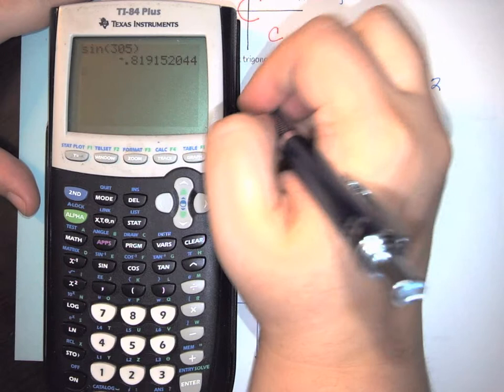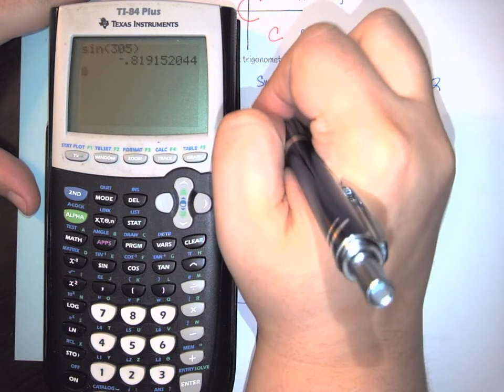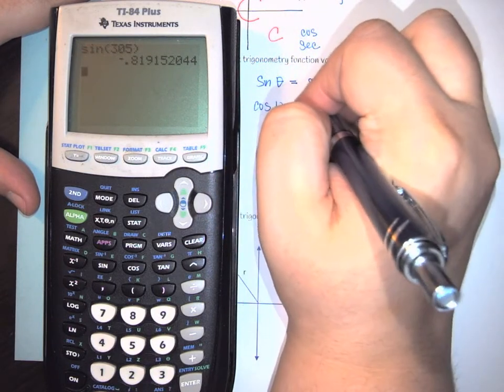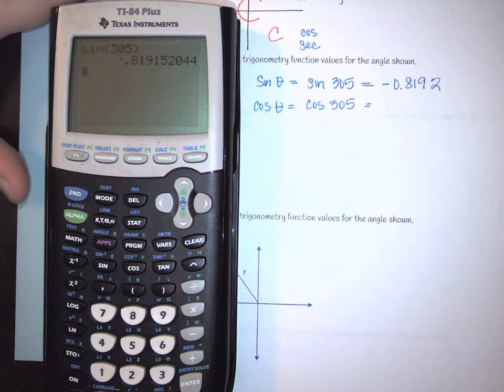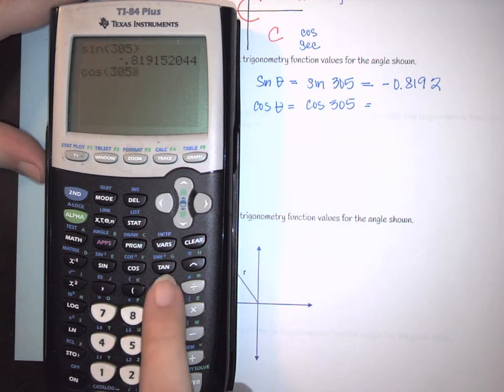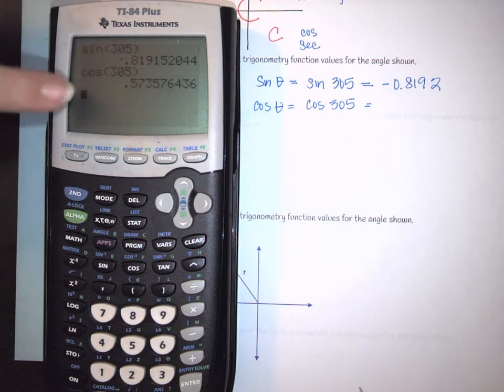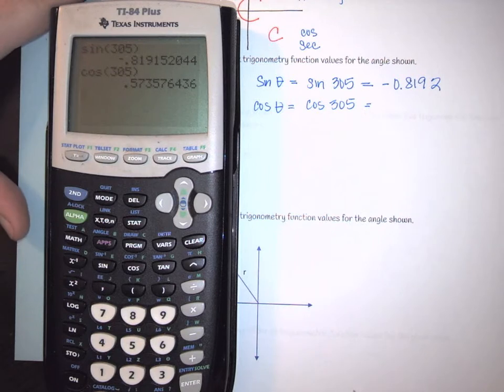Now the next one I have to do is cosine. So I have the cosine of my angle is going to be the cosine of 305. Again, you can click your cosine, type in 305, close it, and hit enter. Notice it's positive, which is what we should have expected.